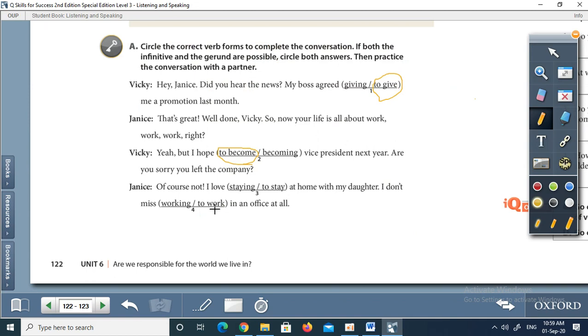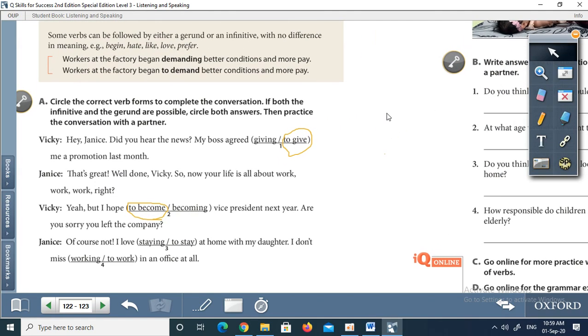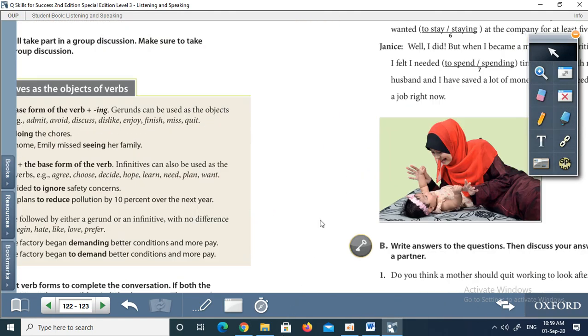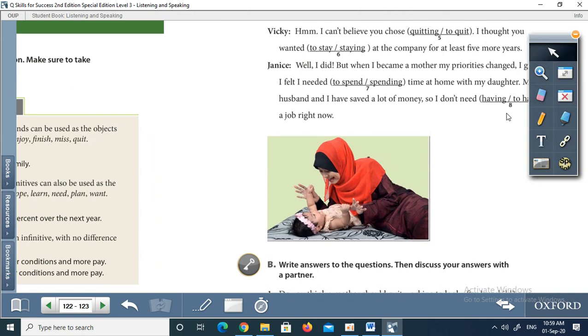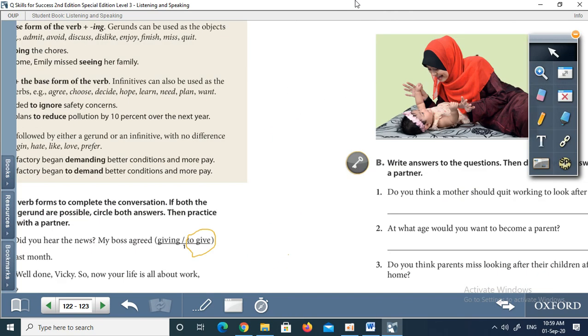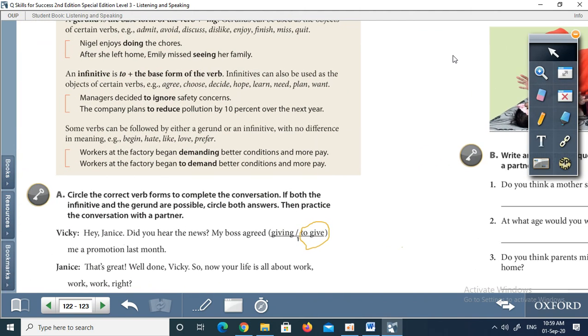Okay, now I need you all to go and look at all these other questions, 3 and 4, and then the others right down to 8 on page 123, and look at the main verb each time.